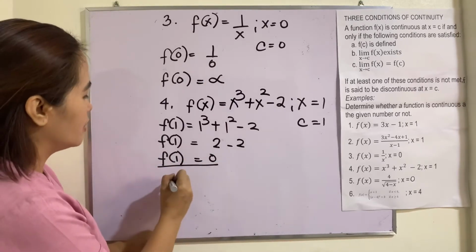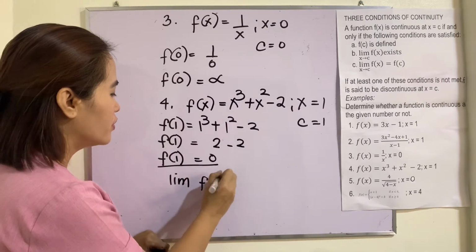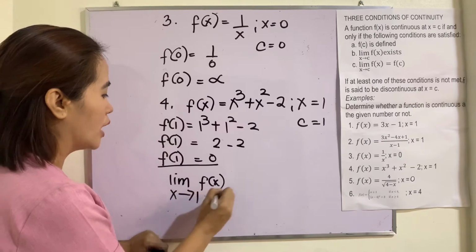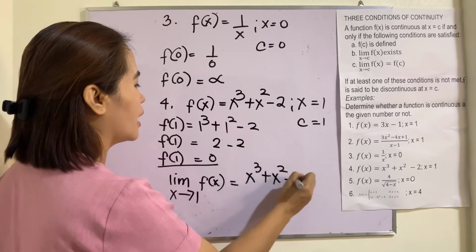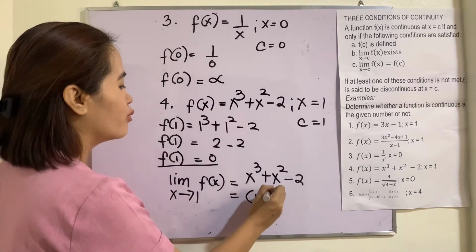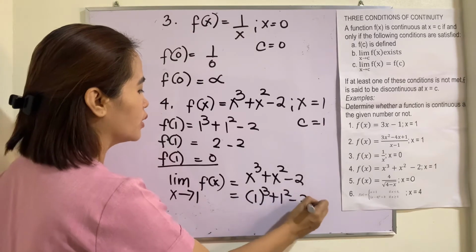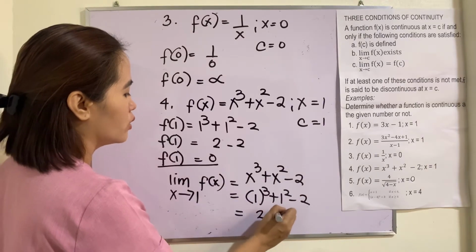What about the second? The limit of f of x as x approaches 1 is equal to x cubed plus x squared minus 2. Replacing all x's by 1, we have 1 cubed plus 1 squared minus 2. We have 1 cubed plus 1 squared is 2 minus 2.